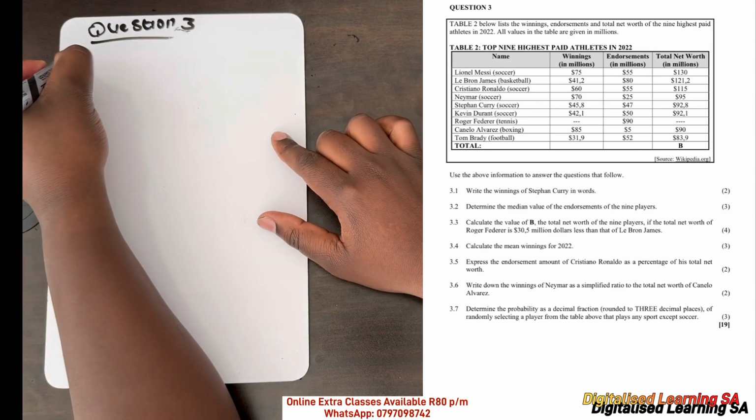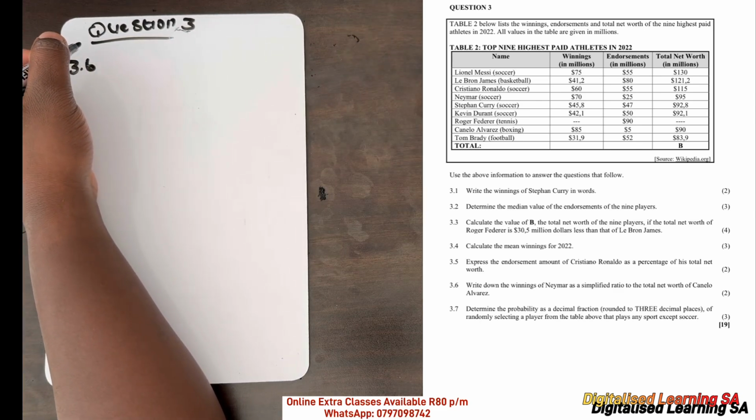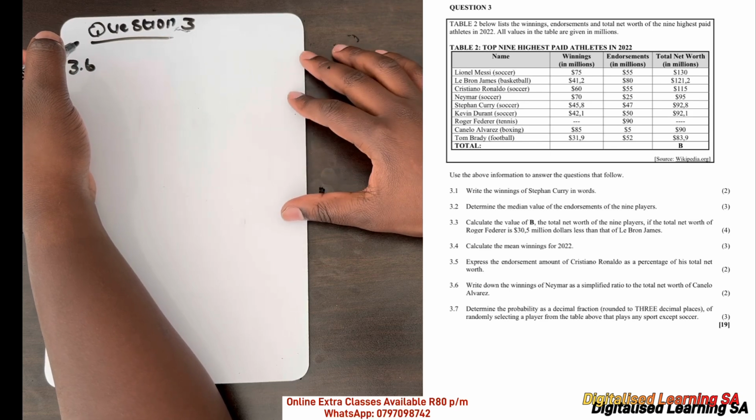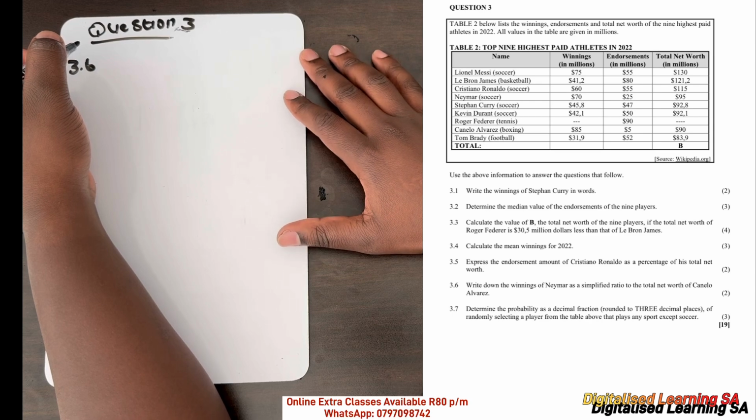So now let's move to question 3.6. It says write down the winnings of Neymar as a simplified ratio. So this is a ratio question.